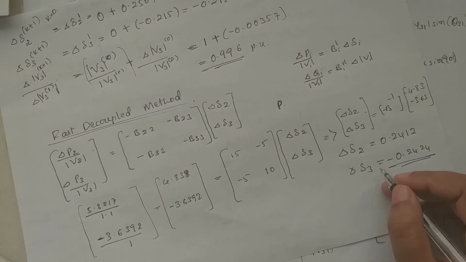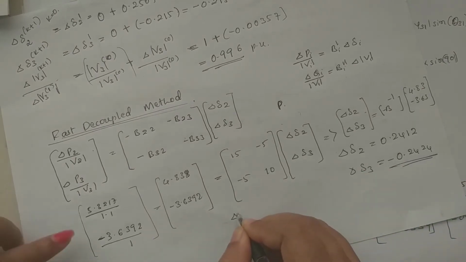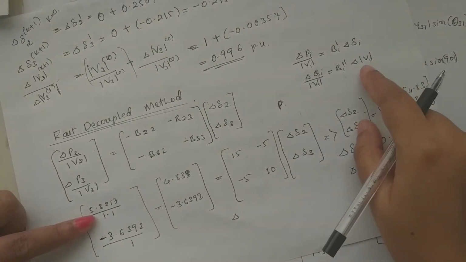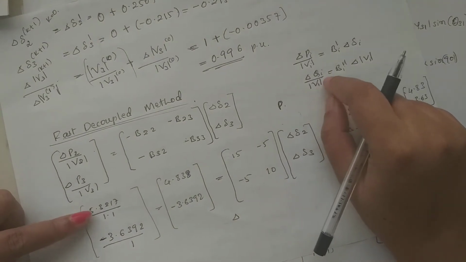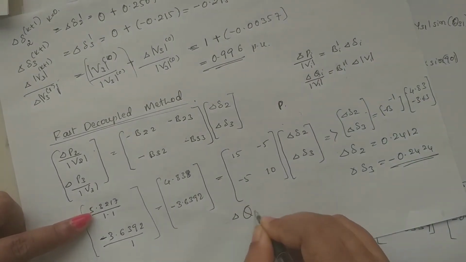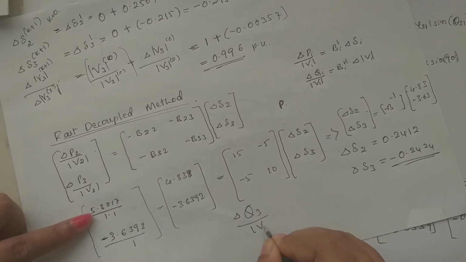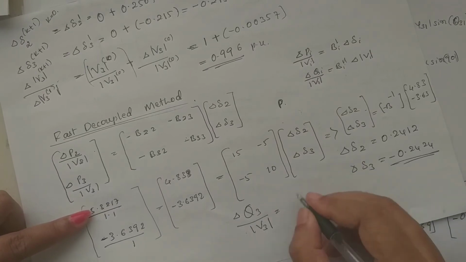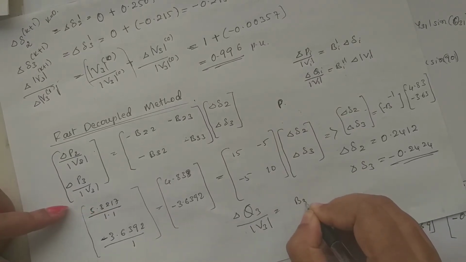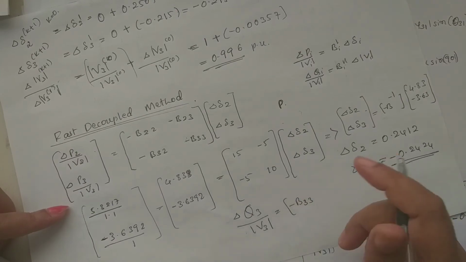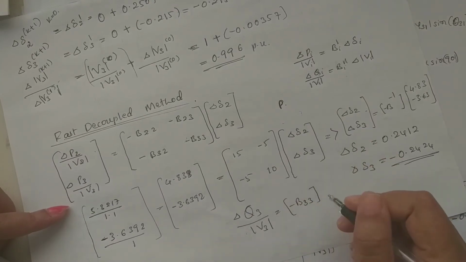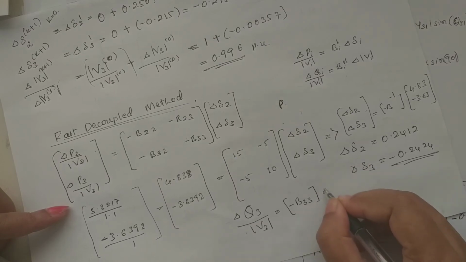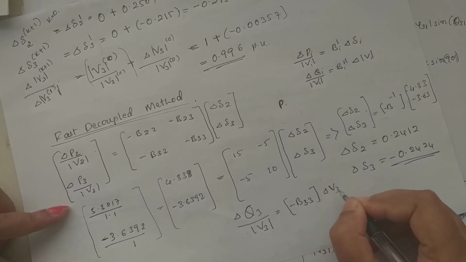These are delta 2 as well as delta 3. Now we have to find the value of V3. Using this formula, delta Q3 divided by V3 is equal to B double dash, that is B33, which means minus B33 into delta V3.